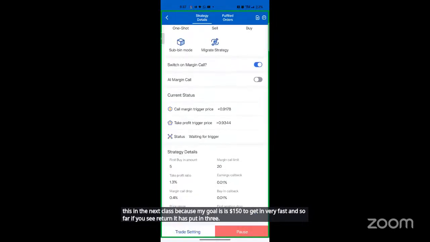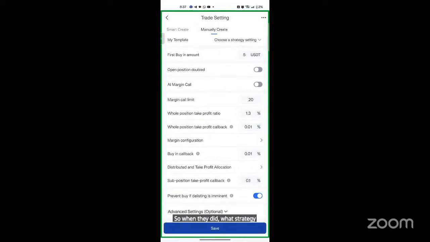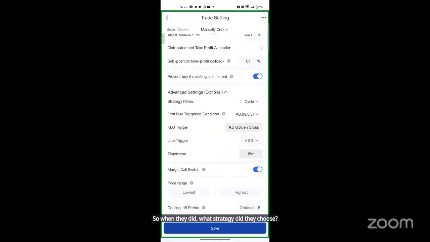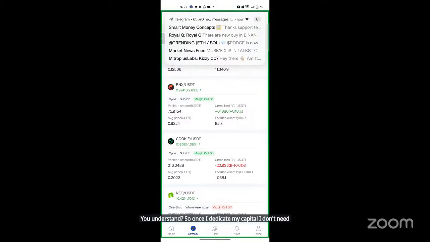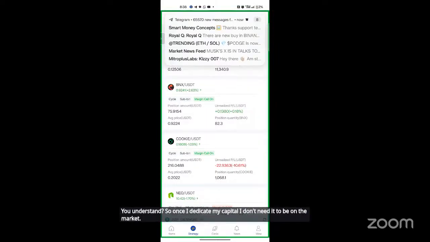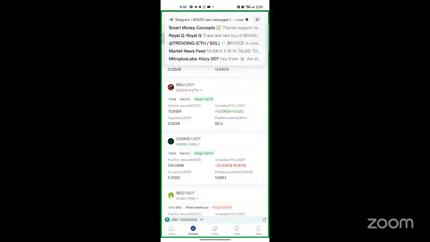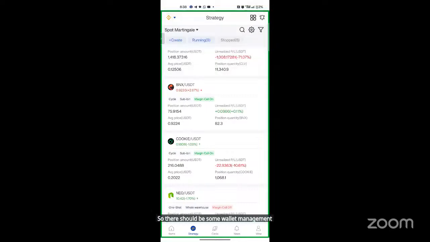So what strategy did it use? You see, it used the KDJ. Do you understand? Once I dedicate my capital, I don't need it to be on the market. So there should be some wallet management skills.